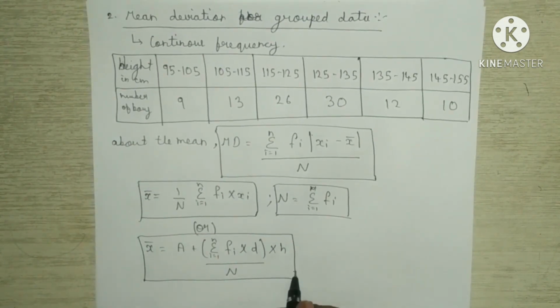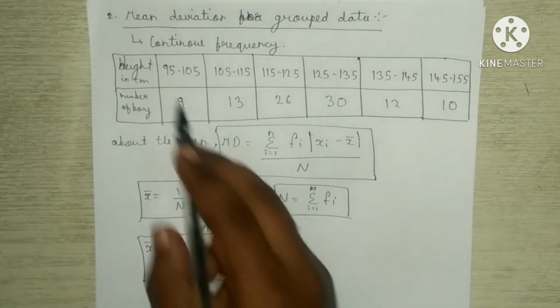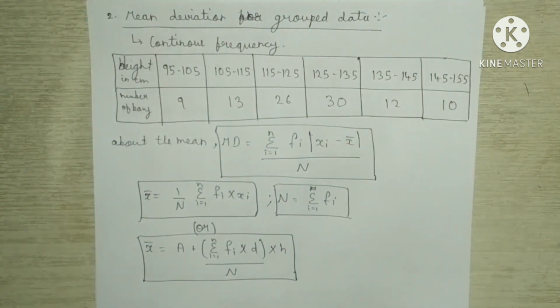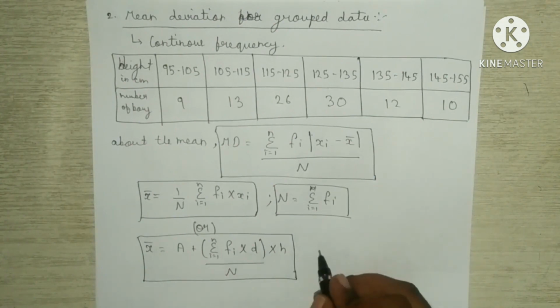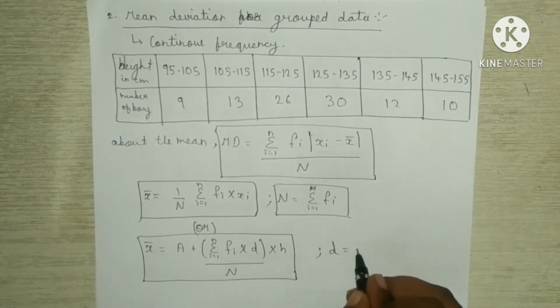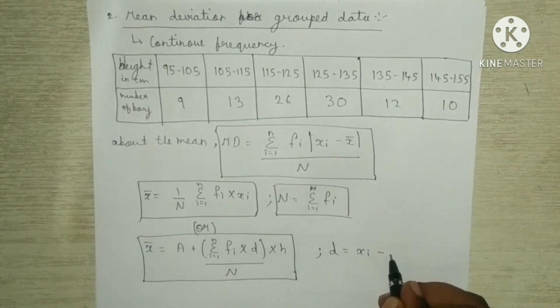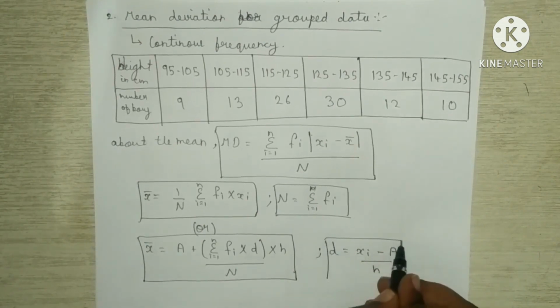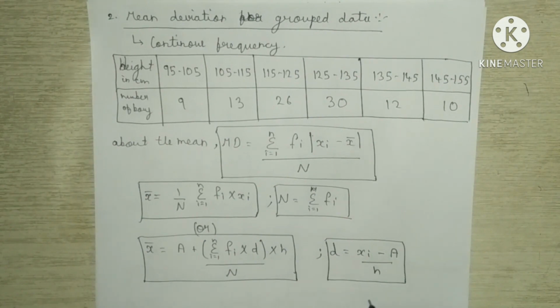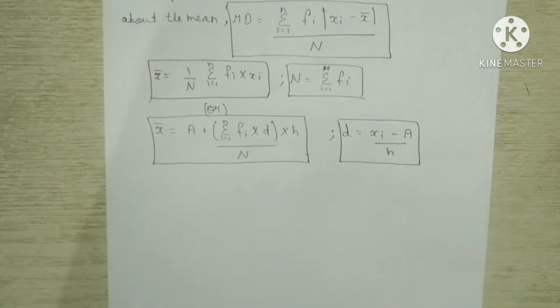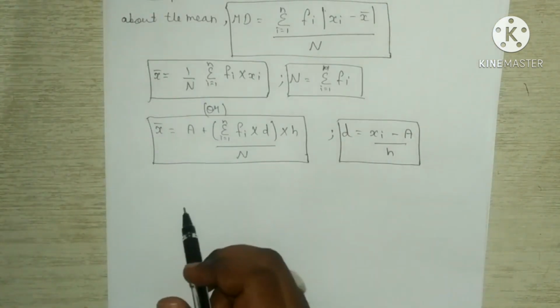This is another formula which is used only in continuous frequency distribution, where d is equal to (xi minus a) by h. The d formula is nothing but (xi minus a) by h. Okay, about the mean is over.